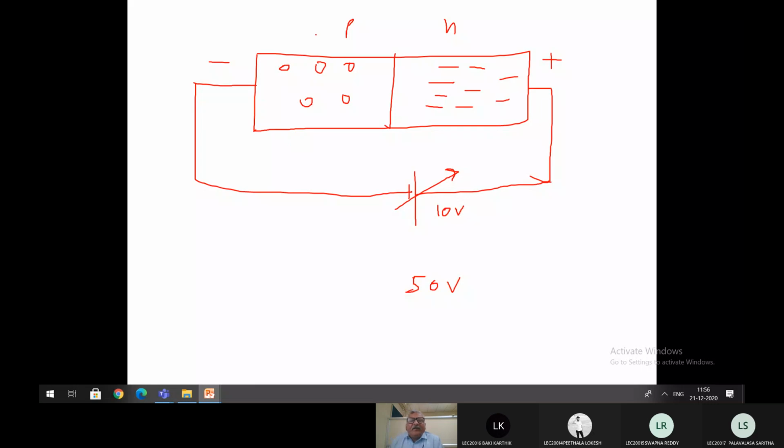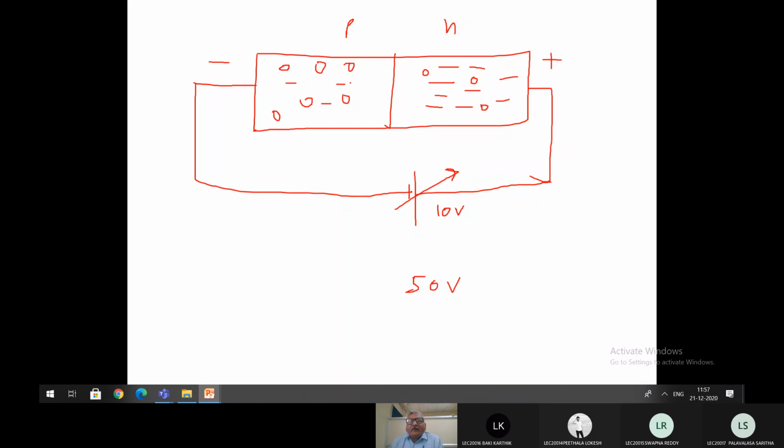Now you see, in P type the majority carriers are holes, but the minority carriers are electrons. Fewer electrons are there, but they are there, and these minority carriers are created due to thermal energy, right? In the same way, in N type the minority carriers are holes. Now you see, this reverse bias has become a forward bias for the minority carriers.